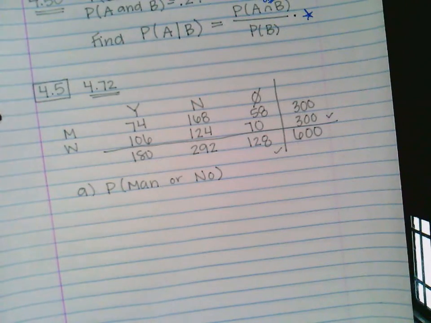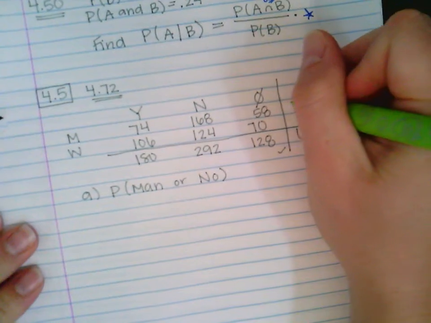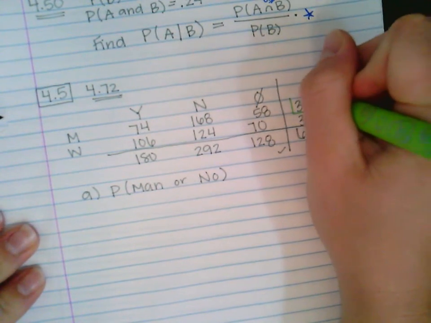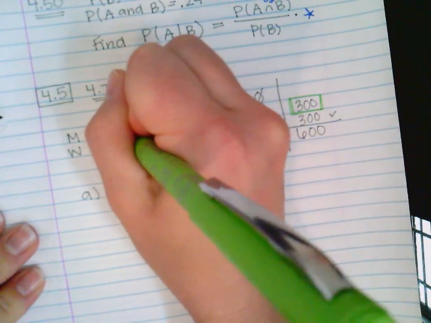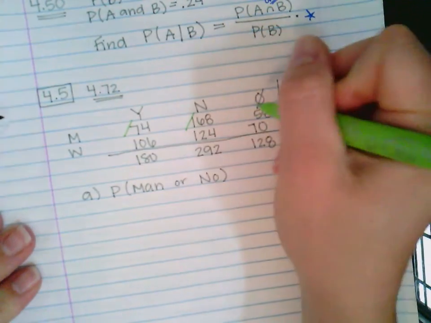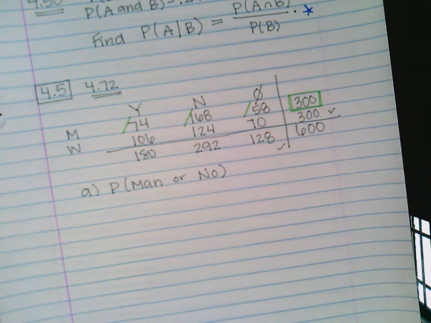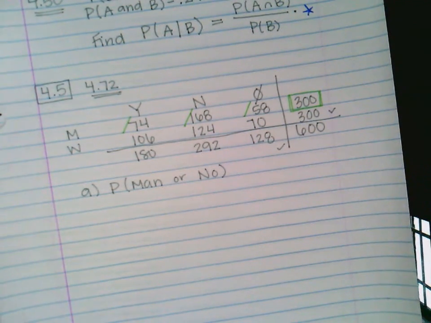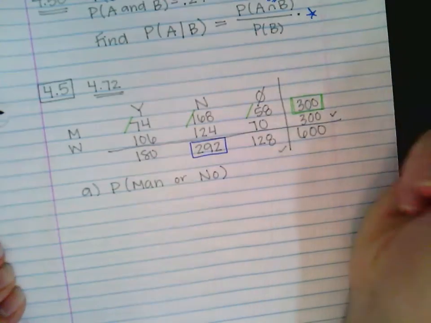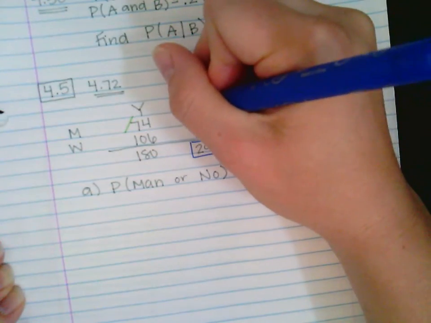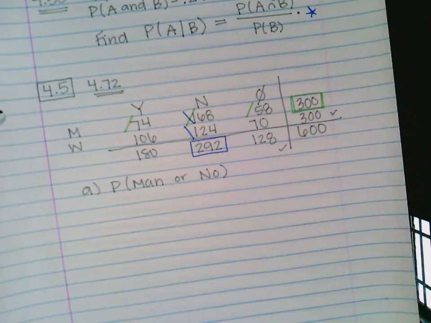Now, man or no, if I use this data table, well, if I just add the men up, remember this 300 is the 74, the 168, and the 58 added up together here. If I add up the no's, then that's the addition of 168 and 124.